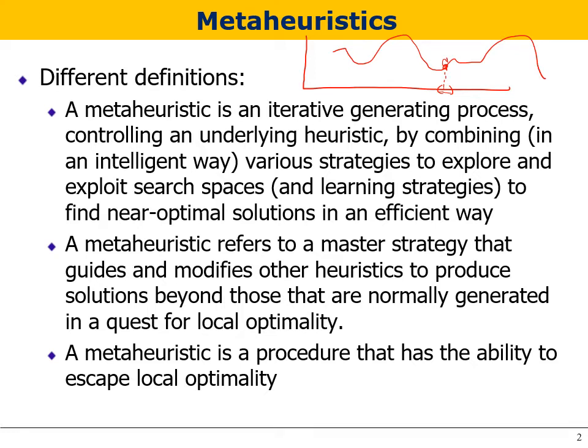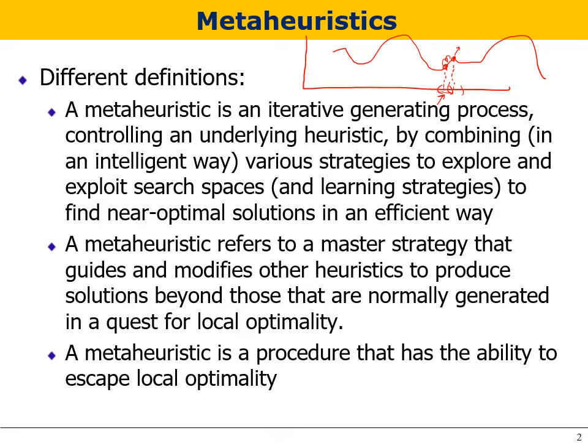Then we take one step, another step, and so on, and we reach this solution. When we check the neighborhood, we see that it is the best solution in this neighborhood. So we say that this is a local optimum and stop. So local search algorithms stop at this solution if we start from this initial solution.